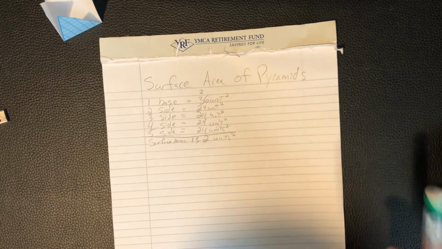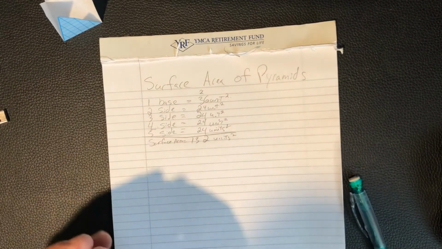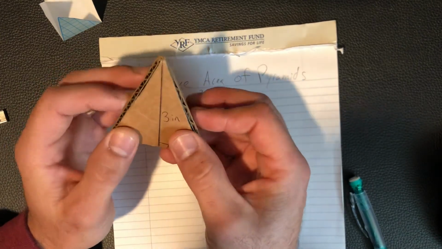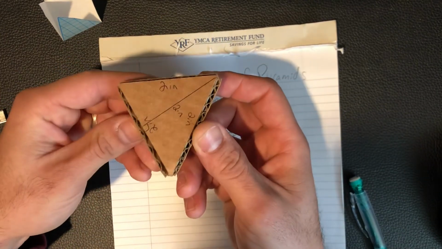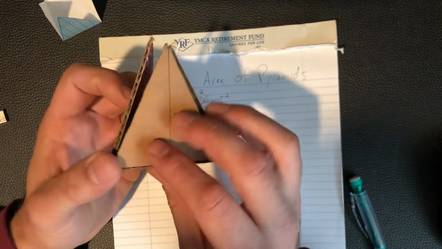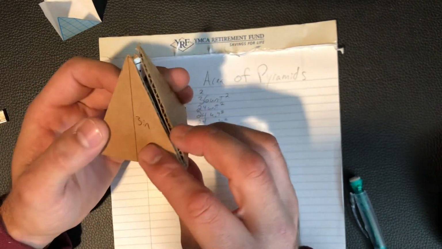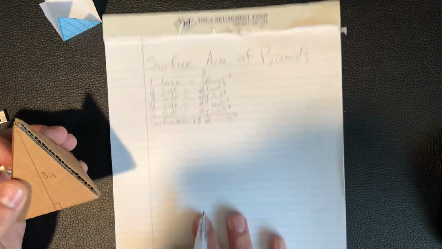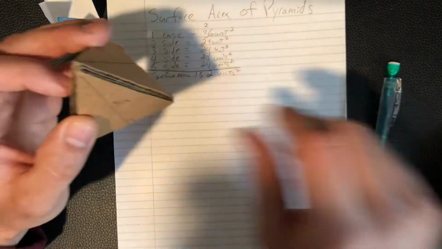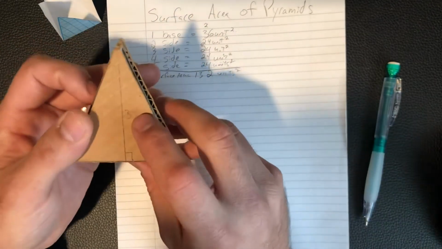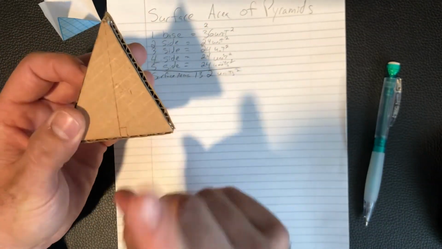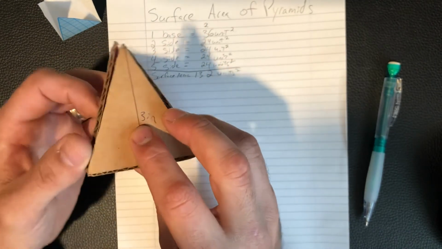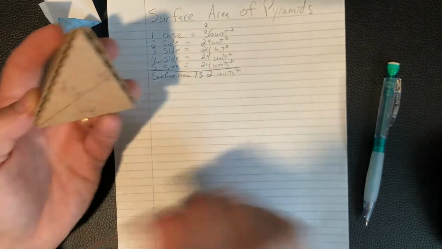So the other pyramid we're going to talk about is something like this. And I didn't print one out, but it's a triangular pyramid. So the base is a triangle, and I have triangular sides. All right, so that was our square pyramid. Now let's find the surface area of this triangular pyramid. So first thing, how many sides do I have? 1, 2, 3 sides, and a base.